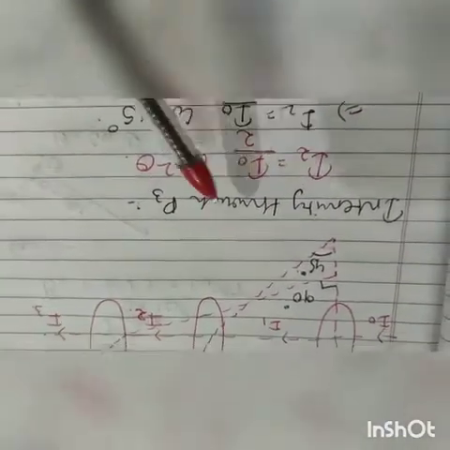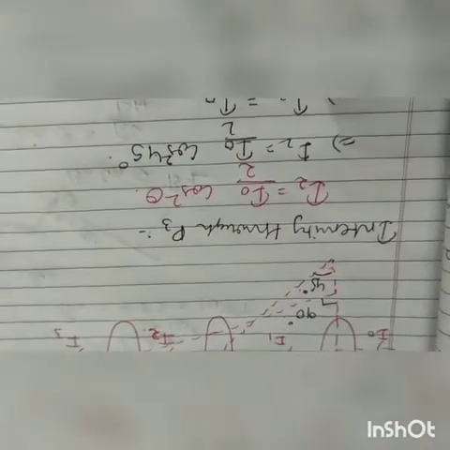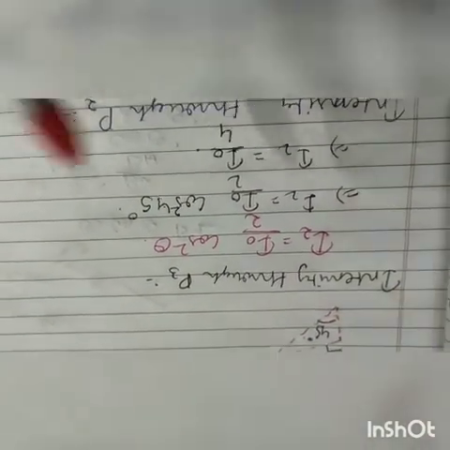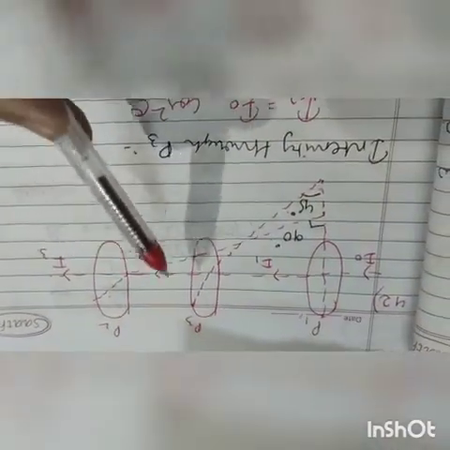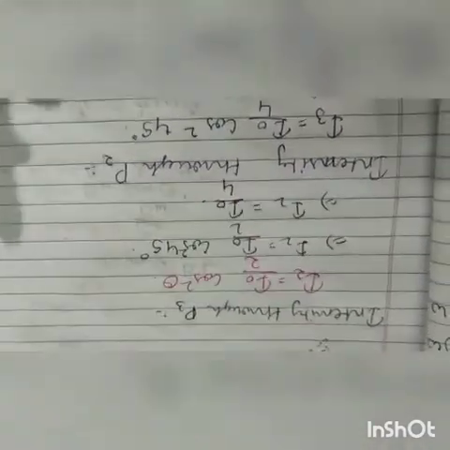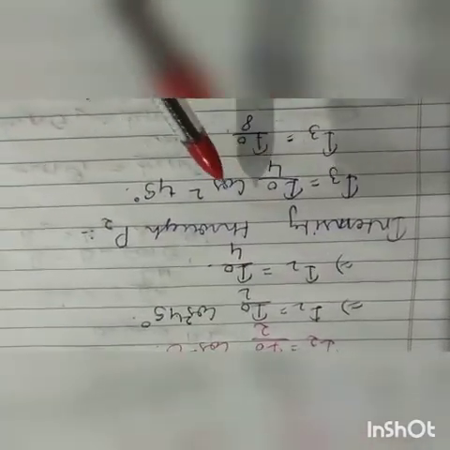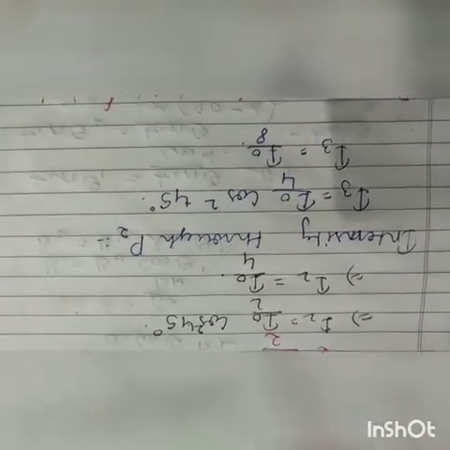Intensity through P1 is I0 by 2 cos square theta. After putting values we get I2 equal to I0 by 4. So I2 is the initial intensity through P2. So we get I3 equal to I0 by 4 cos square 45 degrees. So we get I3 equal to I0 by 8. We can see this, I0 by 8.